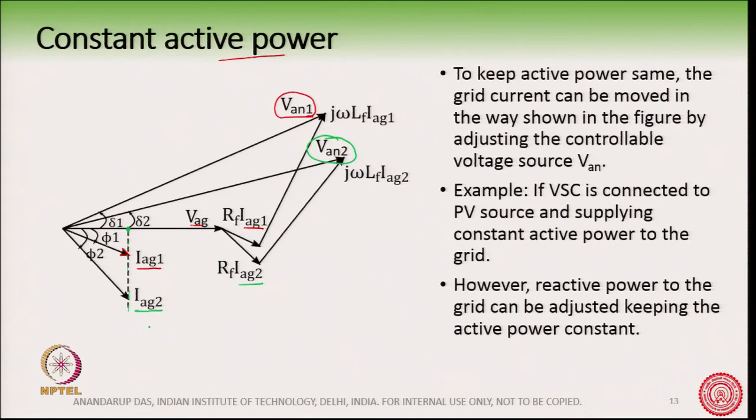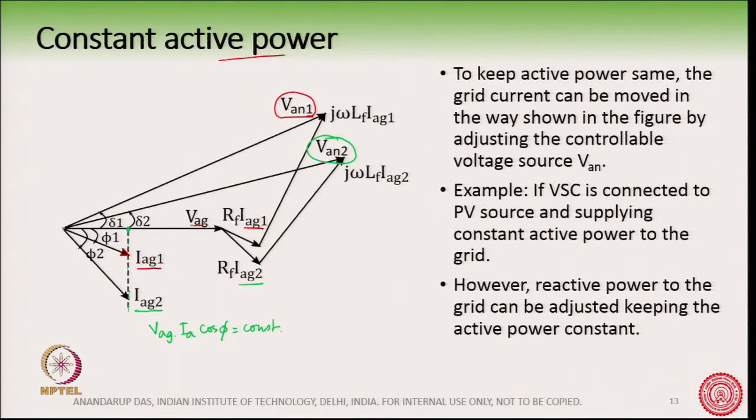It means that VAG into IA into cos phi is constant. So, the active power delivered by the voltage source converter remains the same for both IAG1 and IAG2.